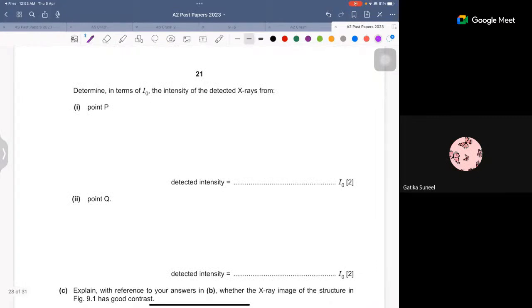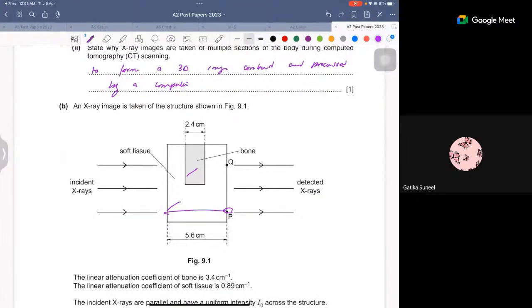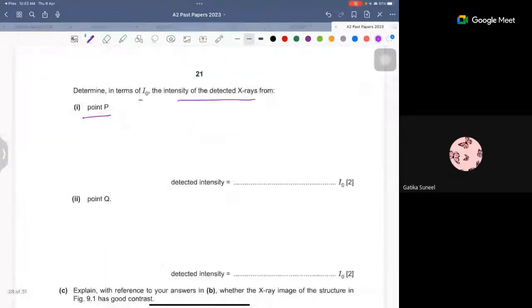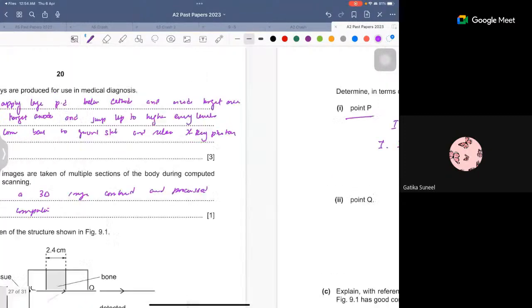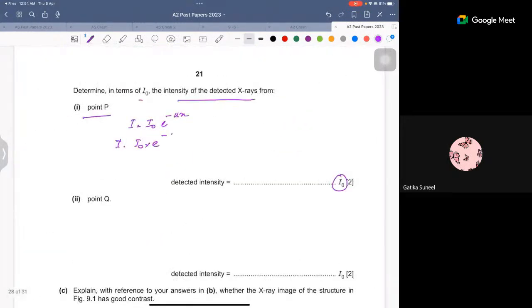It says determine the intensity at point B. What is point B? Here, so it just goes through the soft tissue, right? Soft tissue is 0.89. So I'm going to use I equals I naught e to the minus mu x. Attenuation was 0.89 times 5.6.